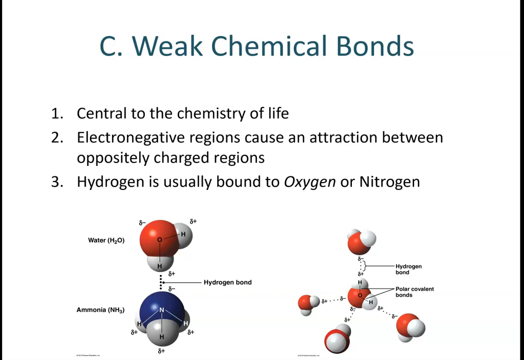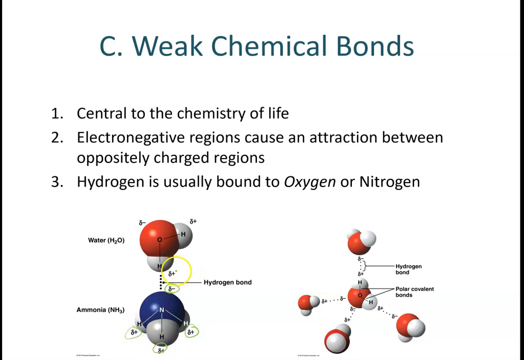So example here on the left is water interacting with ammonia. So oxygen is highly electronegative, which means it pulls electrons towards itself. So is nitrogen. And so we get this same unequal charge distribution in ammonia.